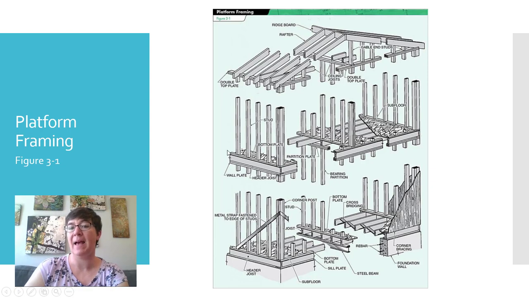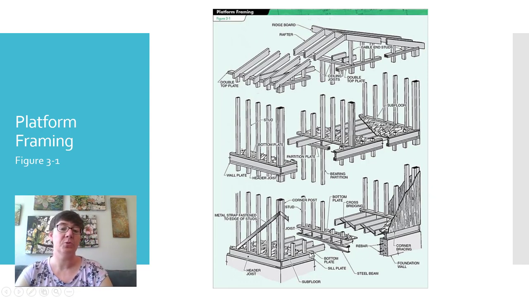That's why this is called a platform system, because the structural walls don't go all the way from foundation to roof. They're actually broken at every floor level. So here we have the next wall system resting on that upper floor. And here we have the roof system. Each of these is built with individual small framing members, such as the floor joists, the wall studs, and the roof rafters.